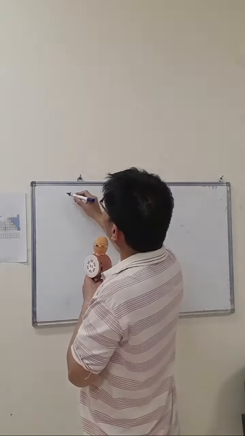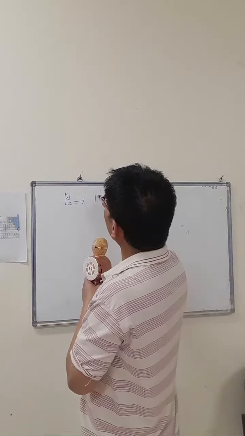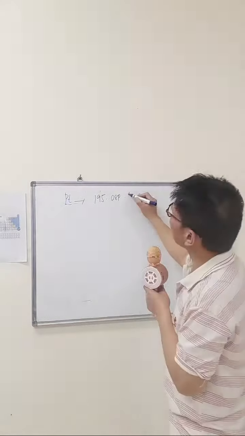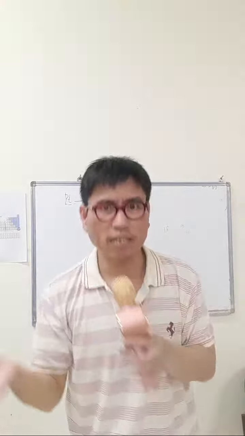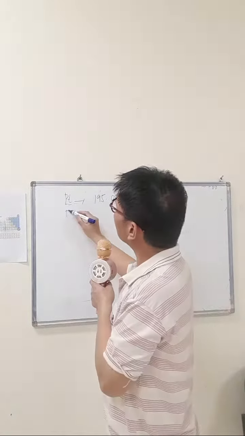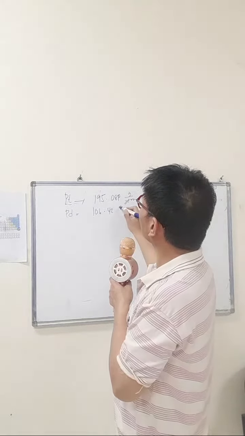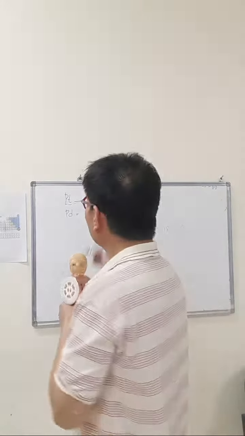The atomic mass of Pt, this is platinum, capital P, small letter t, 195.084, which is the material of construction in making an airplane. We have the palladium, Pd, 106.42 gram per atom.